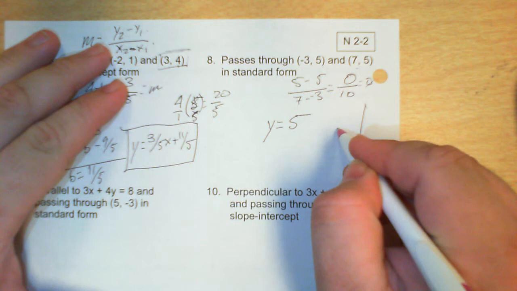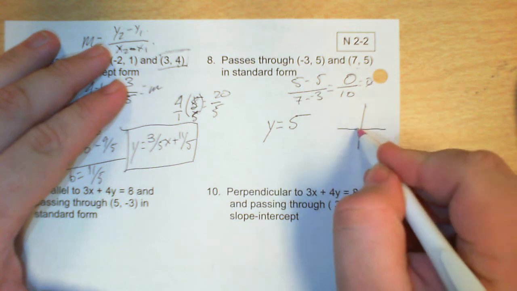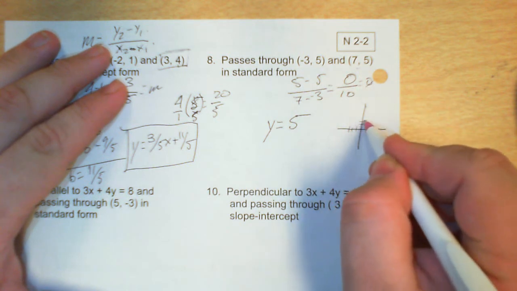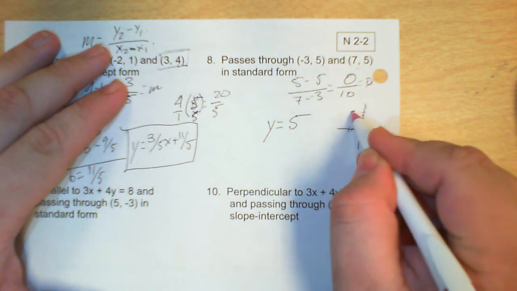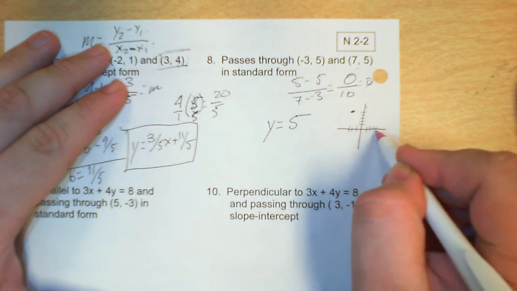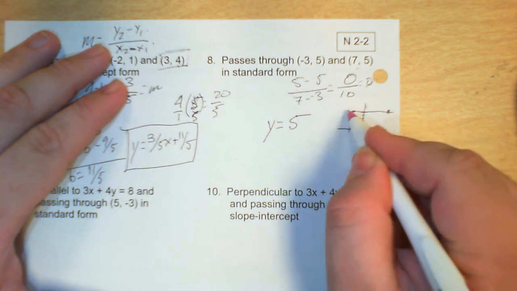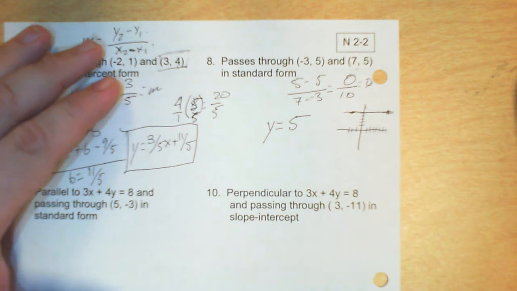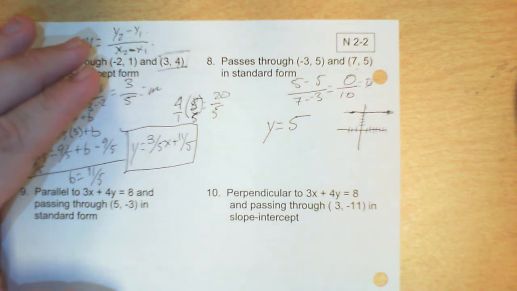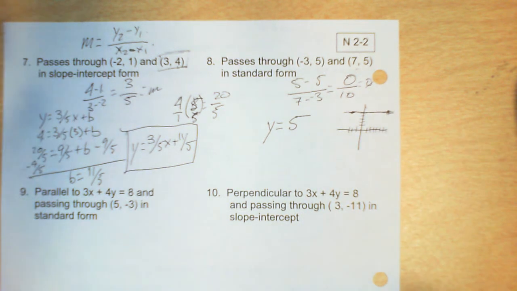So if I were to graph this at -3, up 1, 2, 3, 4, 5, I would have here this, and then over here 1, 2, 3, 4, 5, 6, 7, and up here my line goes straight across to connect those two. That's going to be y equals 5 because the y value is always going to be 5, okay?